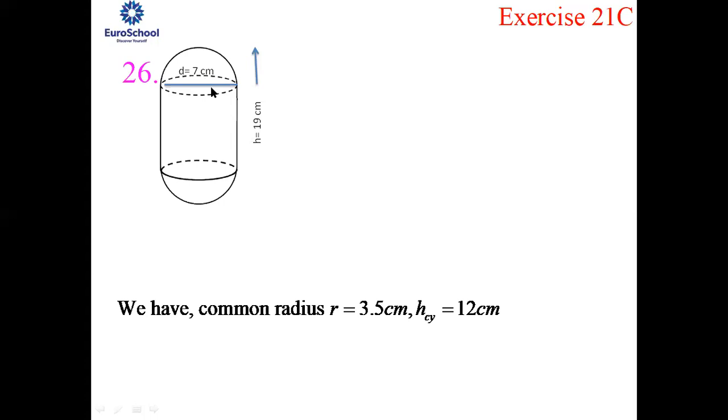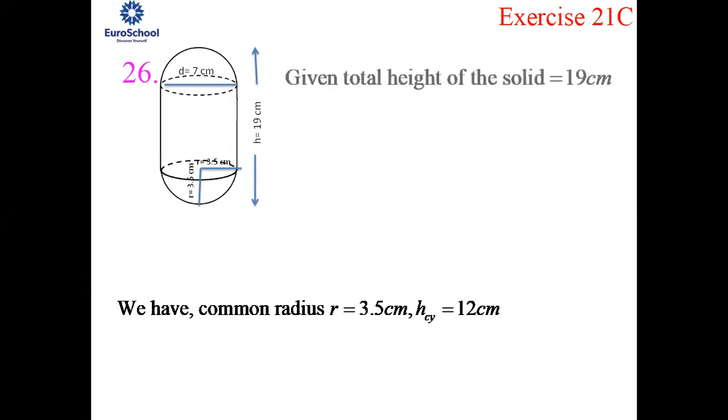Right? Again we have a common diameter and so a common radius. What will be the value of the radius here? It will be half of the diameter, which is 3.5 centimeters. Now, what do you need to calculate? You need to calculate volume and surface area. For the volume of the cylinder, you need the value of the height h of the cylinder.